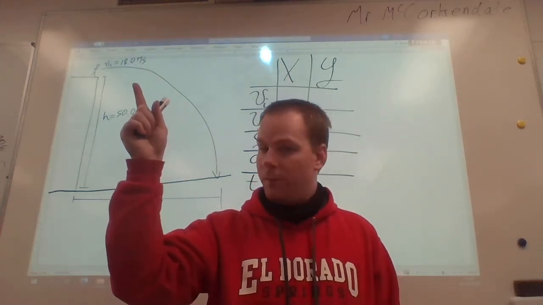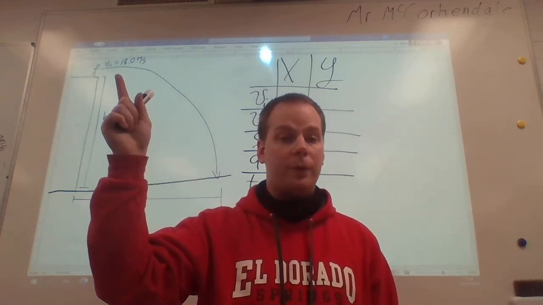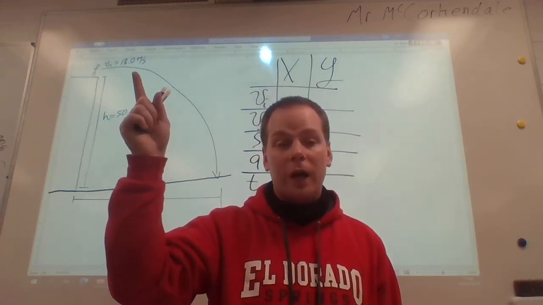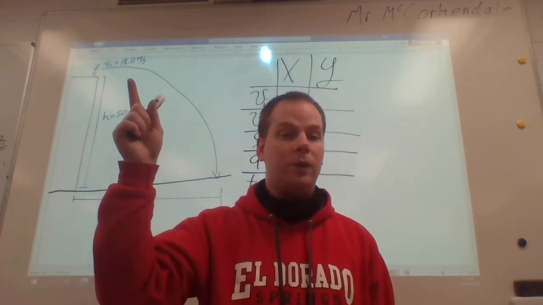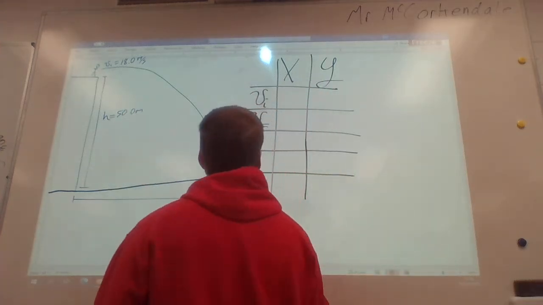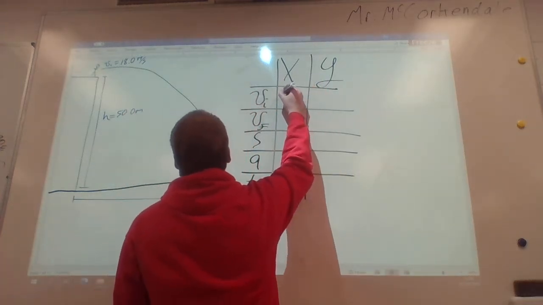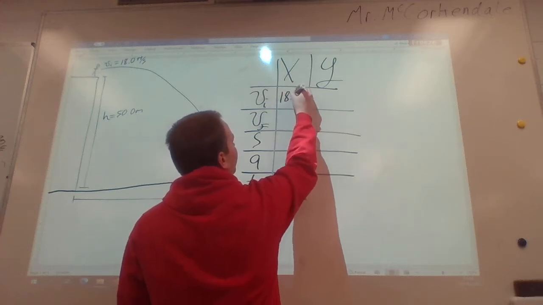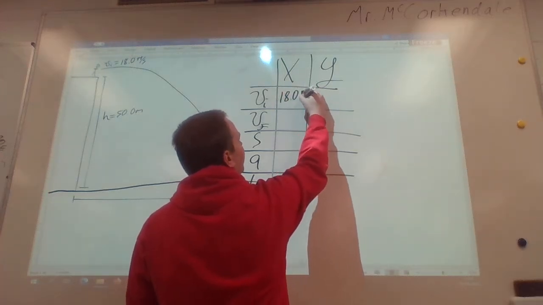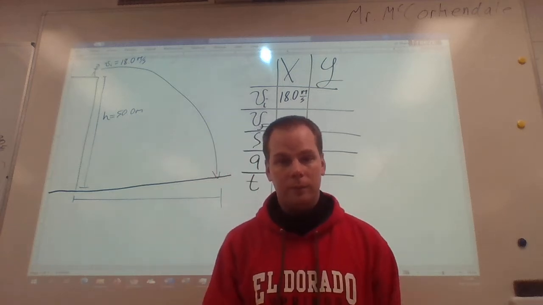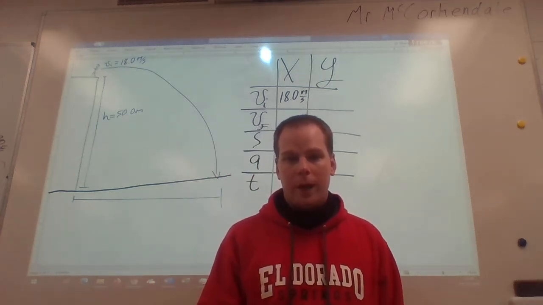This is not a vector that has to be broken up into components. This is just the x component of its motion. So the x component of the velocity is 18.0 meters per second. Okay?